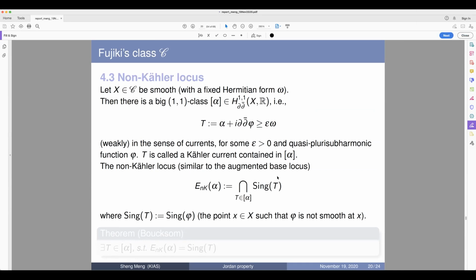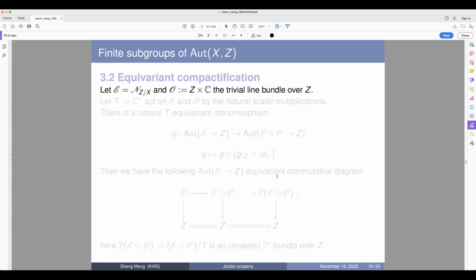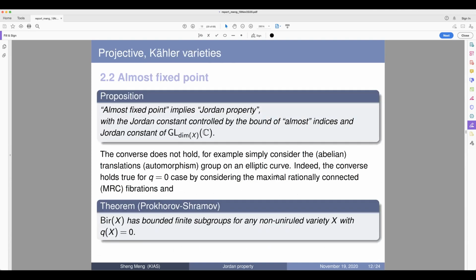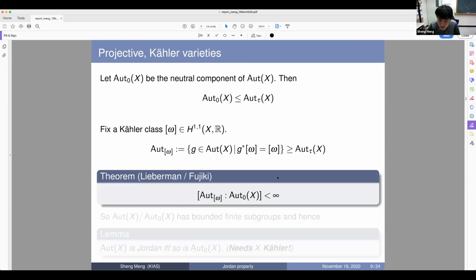I have a question about the Fujiki-Lieberman theorem. The Fujiki-Lieberman theorem is also true for compact complex manifolds with a big class? Is it possible? No, they are not known for big class, at least, because with big you have a small part you cannot control in the Douady space.